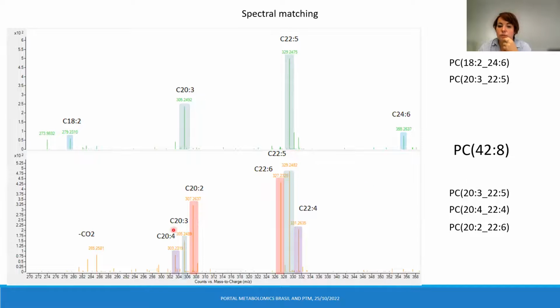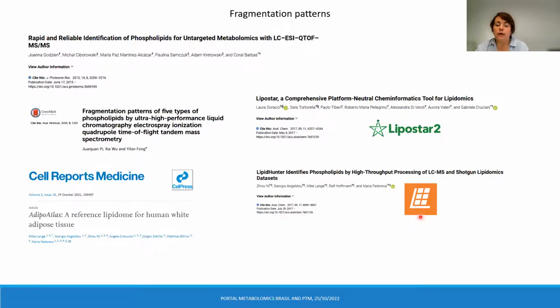But depending on which isobaric form we are talking about, the number of carbons and double bonds on each of the sides is different.